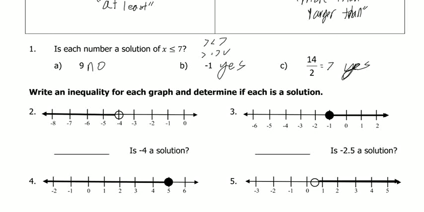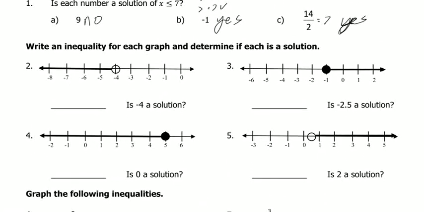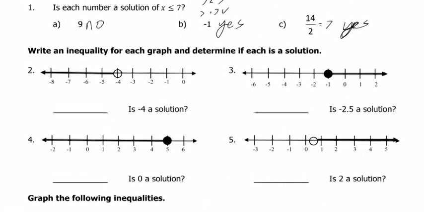Now, down here, it's asking us to write an inequality for each graph and determine if each is a solution. So on number 2, it's asking us to write an inequality for this. We're going to start off with x. We know we're going to have a -4 because that's where the dot is.